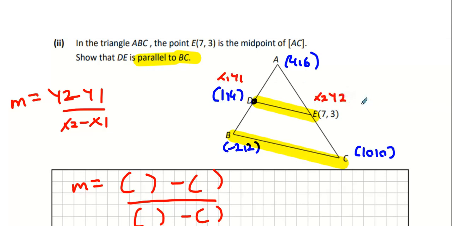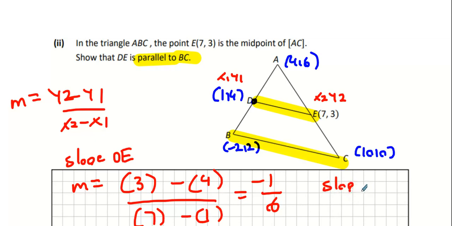X1, y1. So we're going to get 3 take away 4. And 7 take away 1. Minus 1 over 6 is the slope of DE. Okay, so slope DE is minus 1 over 6.